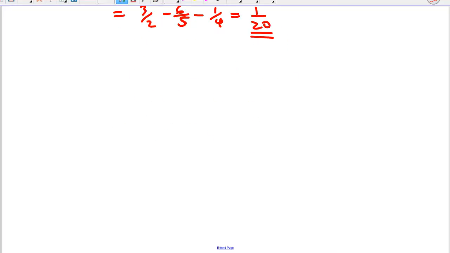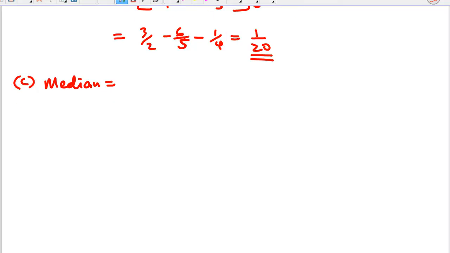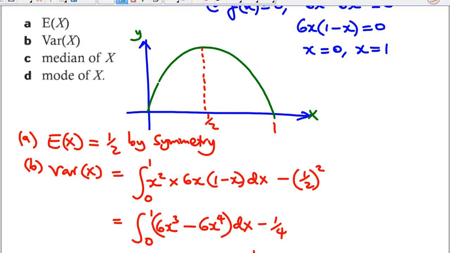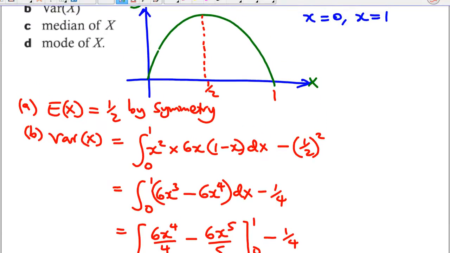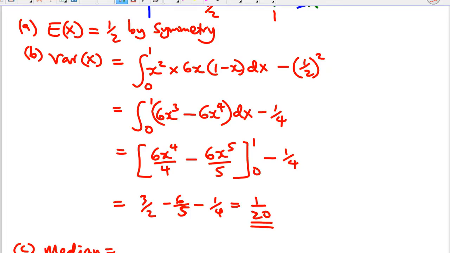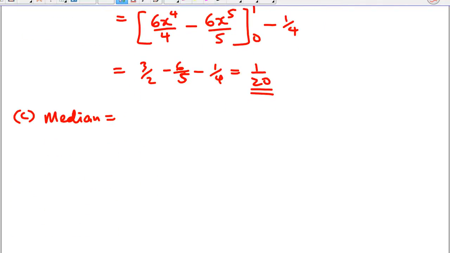Then C, the median is equal to, if you look at the graph again, a half, so that the area on the left is exactly equal to 0.5. So the median will be equal to a half by symmetry again.